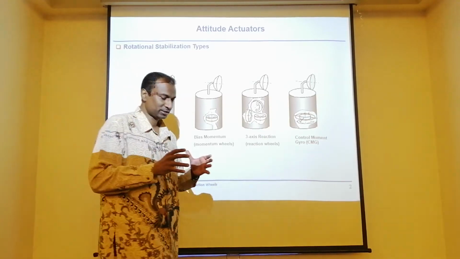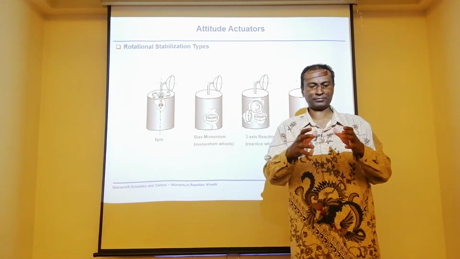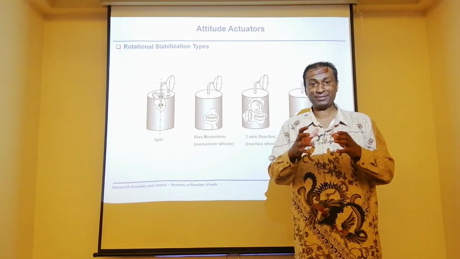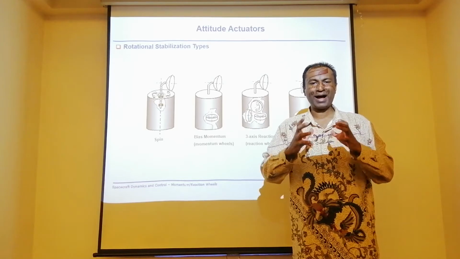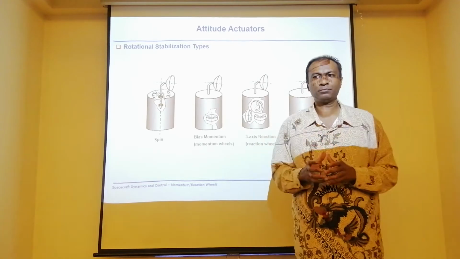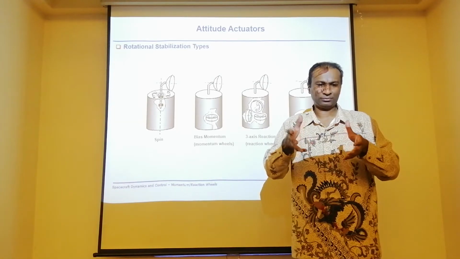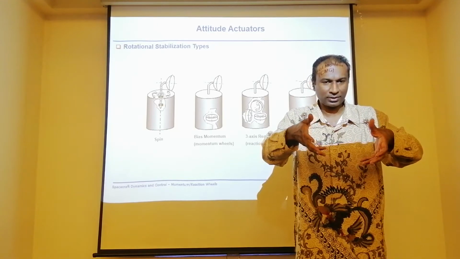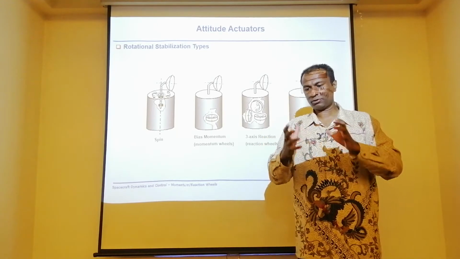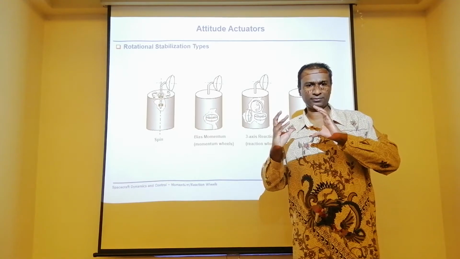Control moment gyro says, okay, good, I have one fixed rotational direction and axis, but when I need torque in another axis, I tilt the wheel. When I tilt the wheel, the torque vector will change, and it is going to change in a different direction.